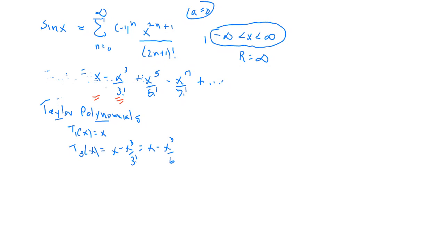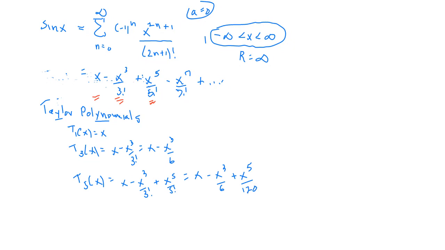Then I can do the 5th Taylor polynomial, which would be the first 3 terms of the power series, because it's up to degree 5. So that would be x minus x cubed over 6 plus x to the 5th over 120.